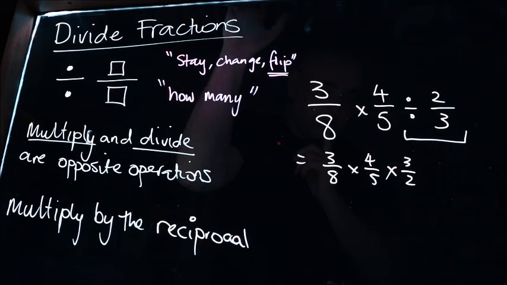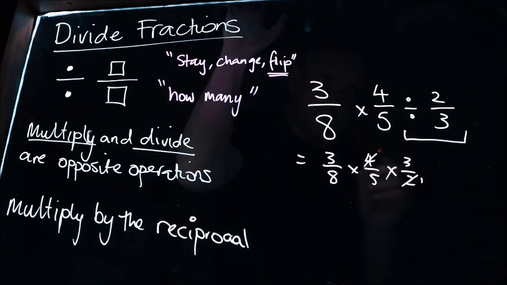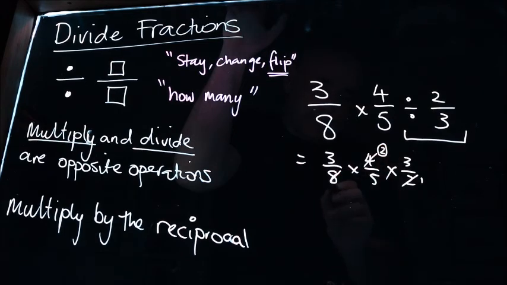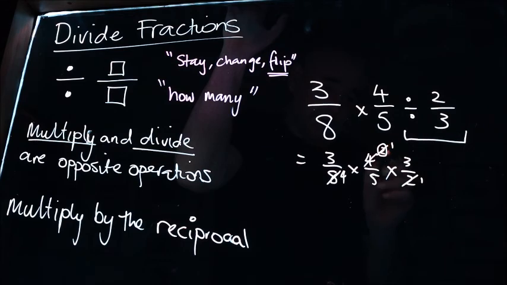And now I have got the chance to do some cancelling if I can. I've got 3 fractions, but for example here I can cancel this and say that 2 goes into 2 once, and it goes in here twice. And I'm looking at this new number 2 that will cancel with the 8. This will turn into a 4, and that will turn into 2 goes into 2 once.